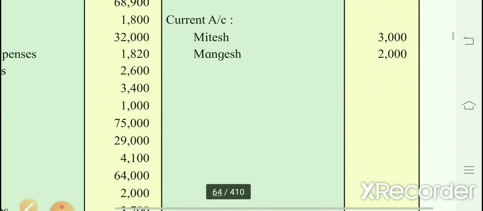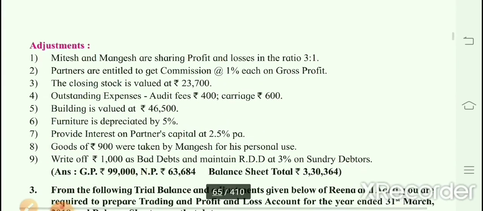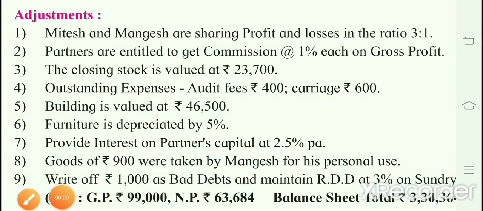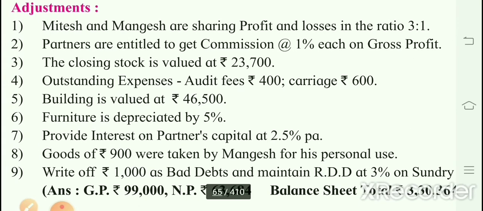Then see the adjustments. First, Mitesh and Mangesh are sharing profits and losses in the ratio of 3:1. Actually, it is not an adjustment, just information given to us about the profit sharing ratio. Second, partners are entitled to get commission at 1% each on gross profit.